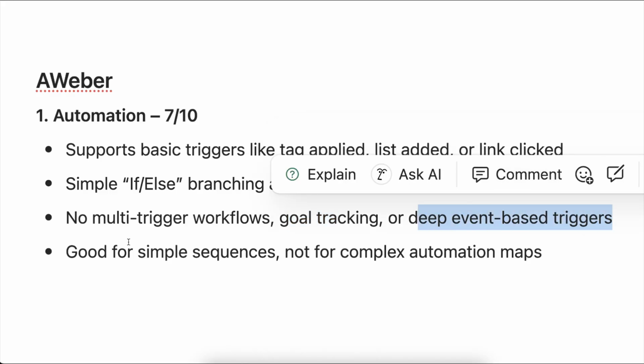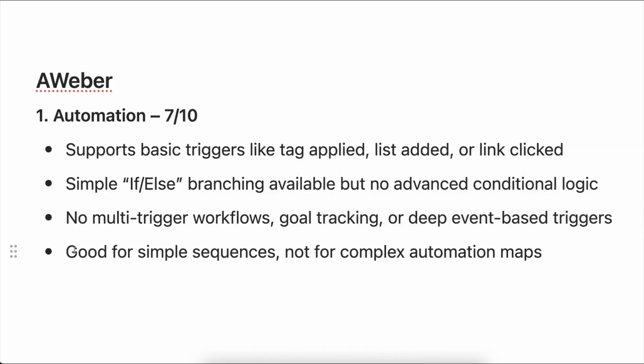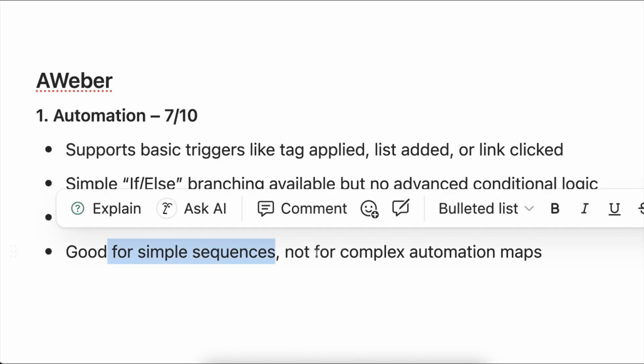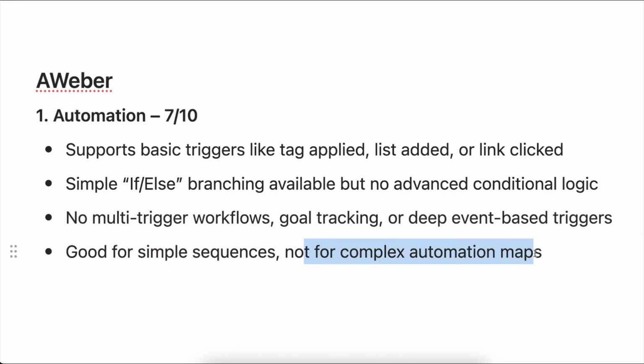So honestly, it has most of the basic stuff, but just missing a couple of different things. Also split A/B automations, which is a pretty huge thing. So it's good for simple sequences, but not really great if you want a little bit more complex automations. So I'll give it only a 7 out of 10.